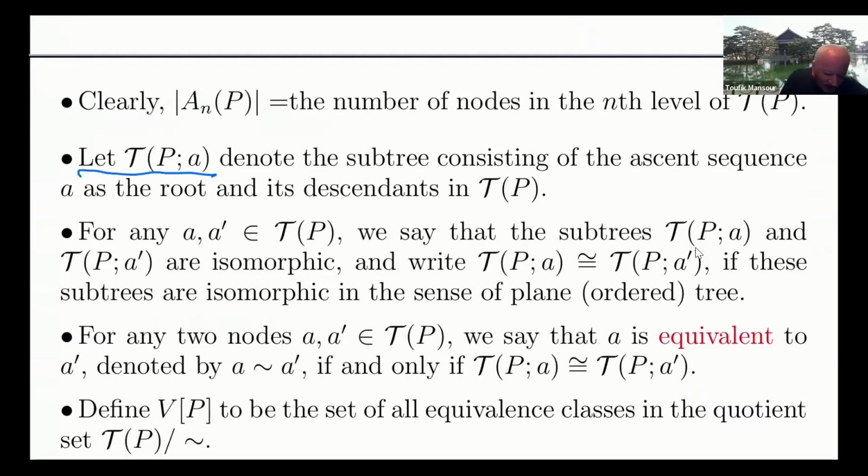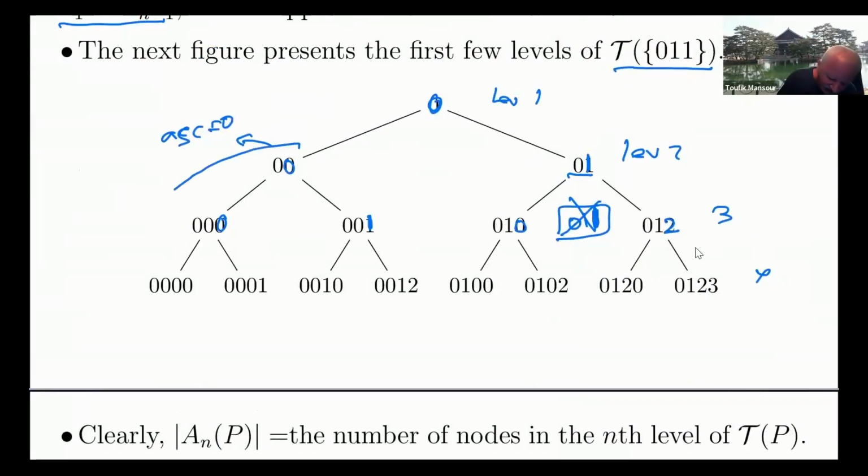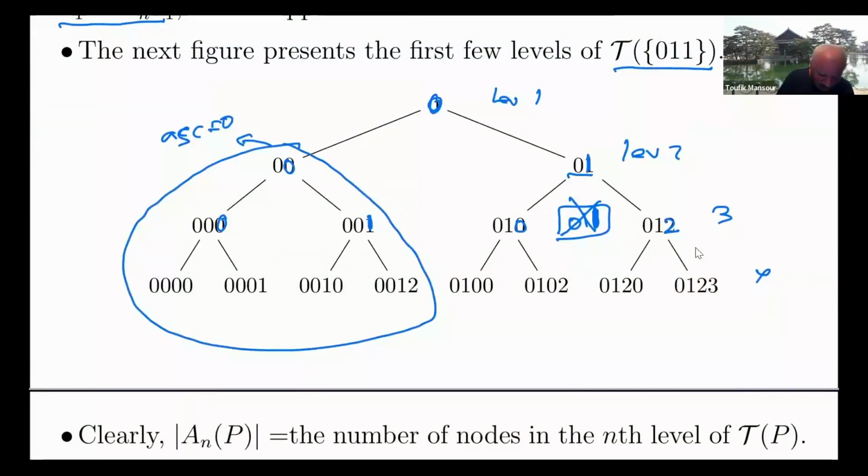I define T_B(A), the subtree of T_B of the ascent sequence A, as the root and all its children or descendants below it in the tree. For example, this is the tree T_01100.